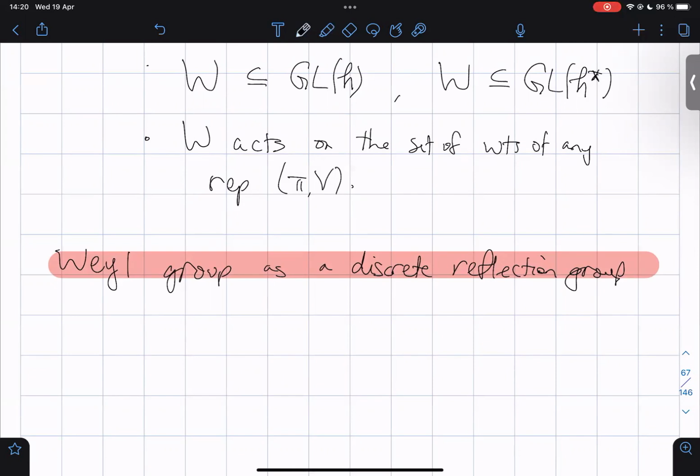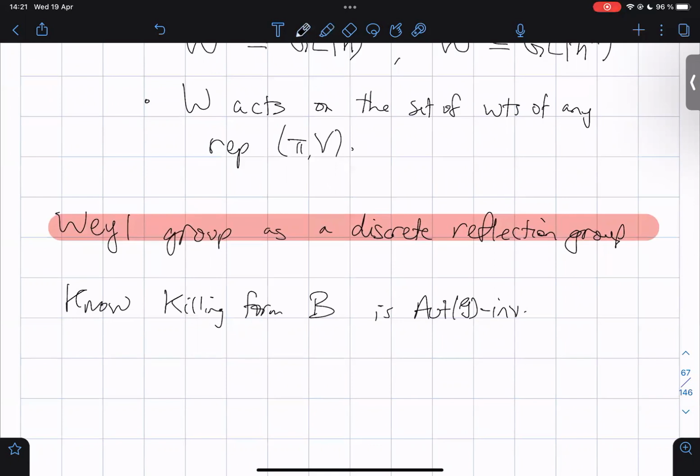So we know that the Killing form B is invariant. It has strong invariance properties. There's one exercise that says that this is Aut G invariant. Aut G, the automorphism group of G, is a subgroup of GL of G consisting of those linear transformations that are invertible and preserve the bracket.